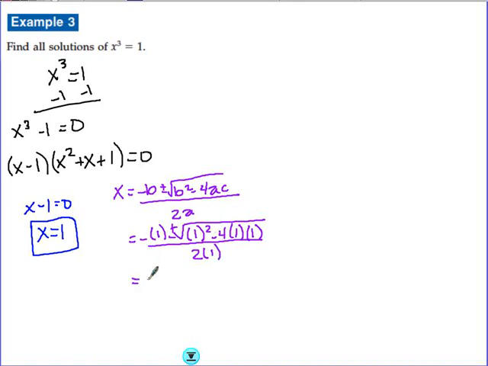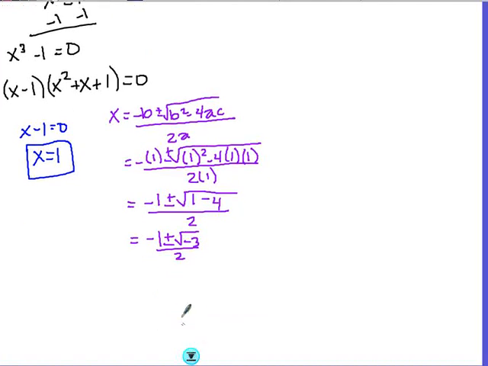So here I've got a negative 1 plus or minus the square root. This becomes 1 minus 4, over 2. So then I've got -1 plus or minus the square root of -3 all over 2.